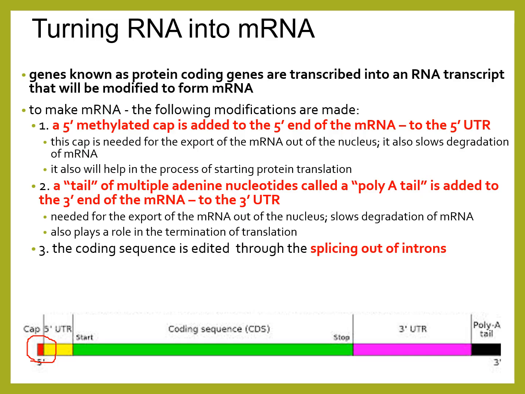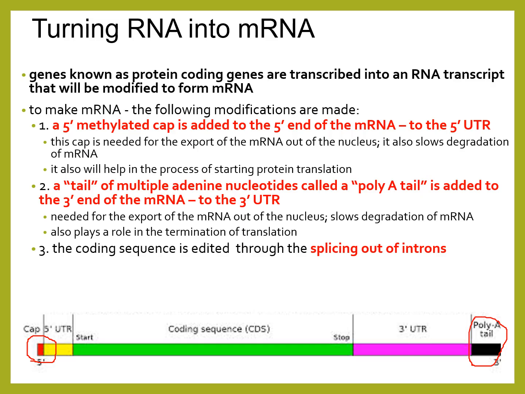At the 3' end of the RNA transcript, you will add on a second thing called a poly-A tail. This is a very, very long tail of about 150 to 200 adenine RNA nucleotides. And it is going to be added on to the 3' end of the RNA transcript.